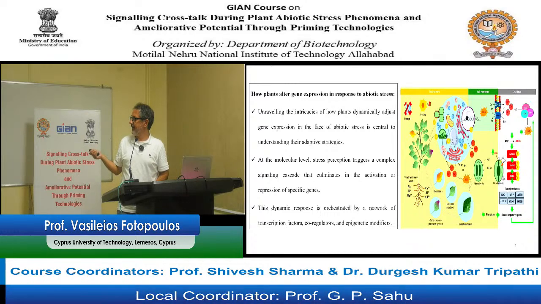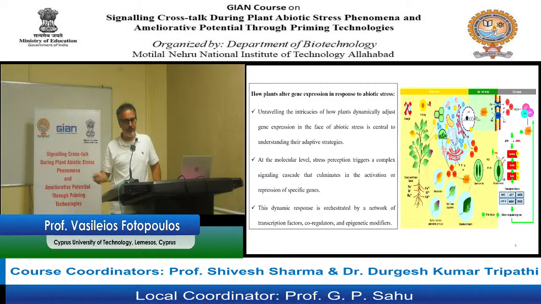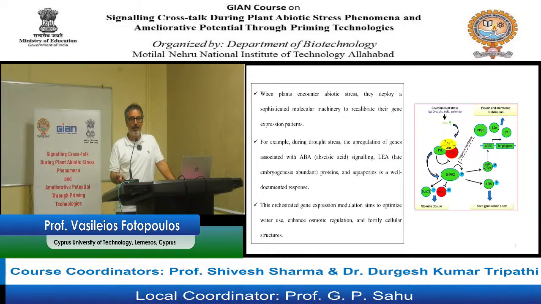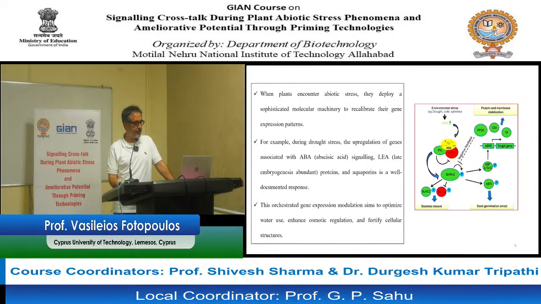And this is manifested, as I mentioned before, through many different signal components that can include signal ions, reactive species. For the activation of these components, it can include MAP kinases or MAPKK kinases, CDPKs, and a big arsenal of the transcription factors that I mentioned before. So when the plant encounters the abiotic stressor, they recalibrate their gene expression patterns.